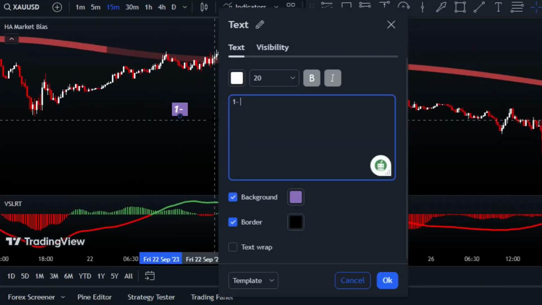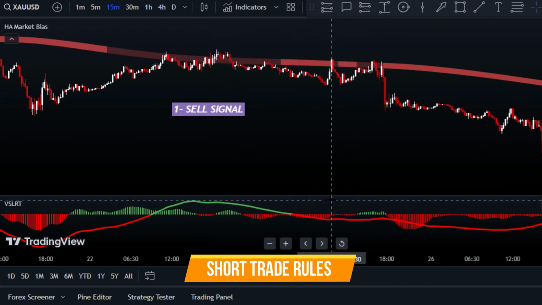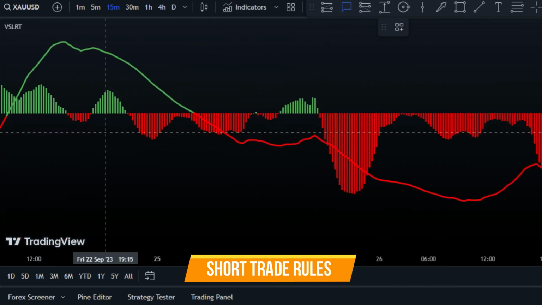Now for a short trade, the process is a little different. You need to be calm and watchful for the VSLRT indicator.